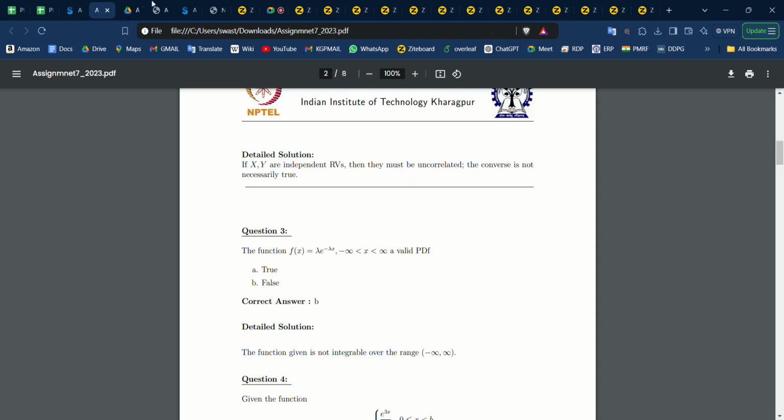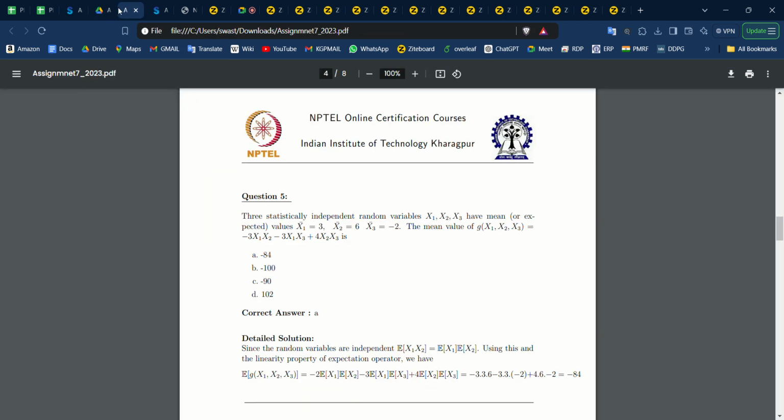Now, for question 5, the mean of x1, x2, x3. Let's see the problem again. Yeah. So x1, x2 and x3 have a combined mean.